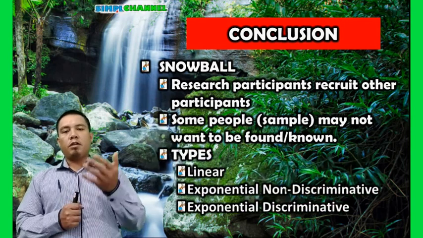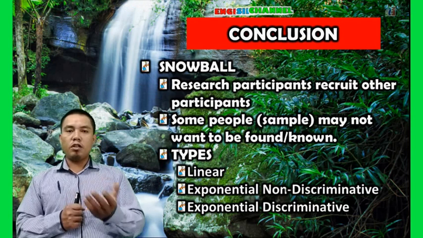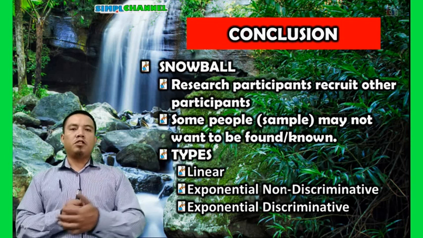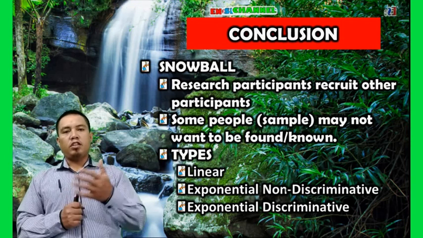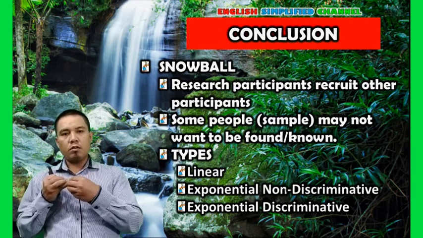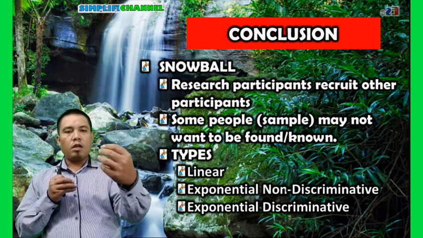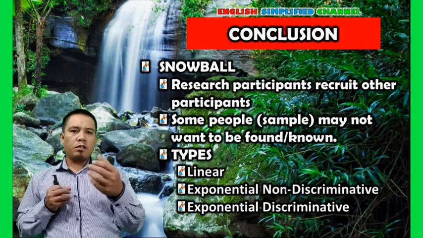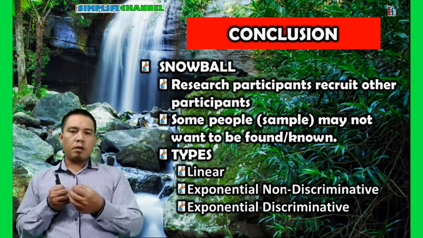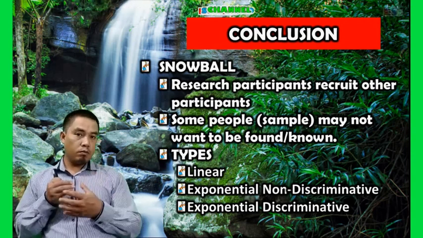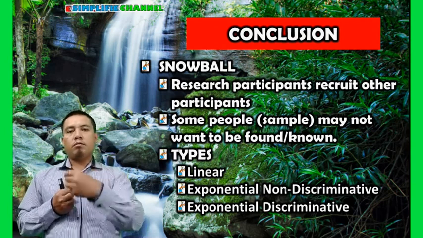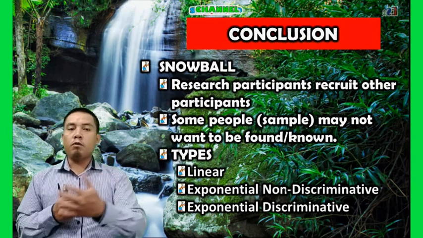The types of this sampling technique: you have linear, exponential non-discriminative, and exponential discriminative sampling. Linear, the first leads you to the second sample, third, and so on. Exponential non-discriminative, the first sample gives you, for example, more than one sample, and then you directly include them as the sample of your research.